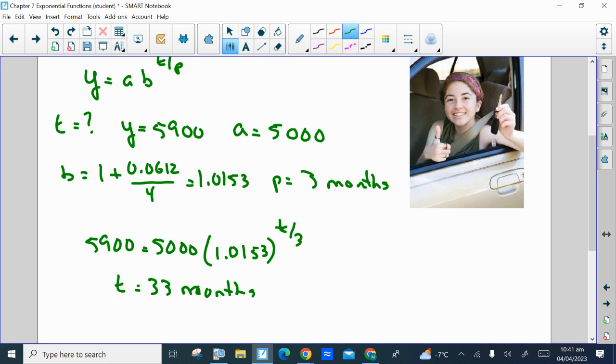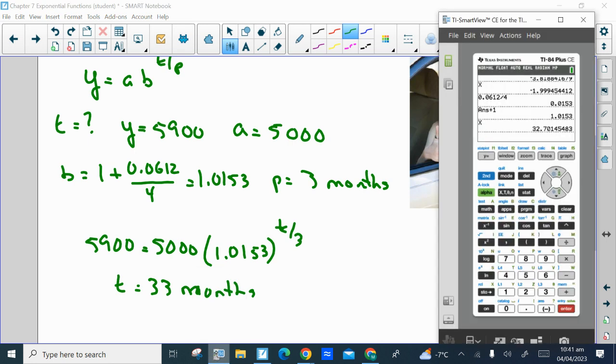So that's how many months, but then it says, how long will she have to invest her money before she has enough to buy the car? So we can write it in months, or we could also write it in years by dividing by 12. Again, you'd have to round this up because it happens quarterly. So you'd have to round that to 2.75.